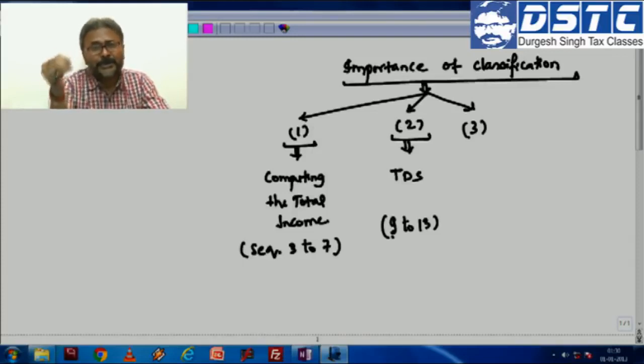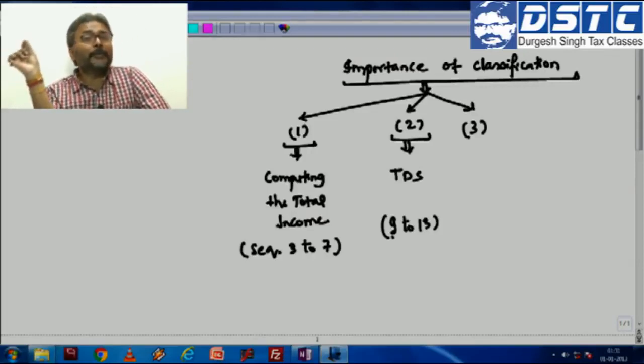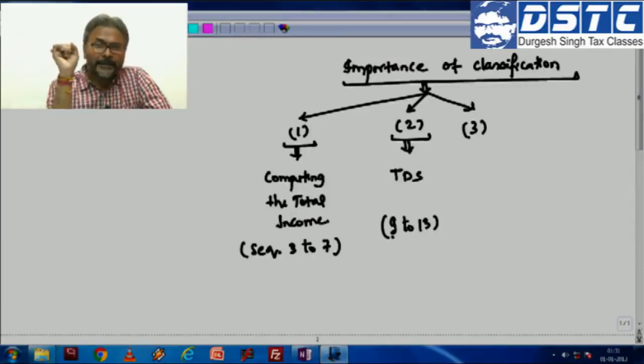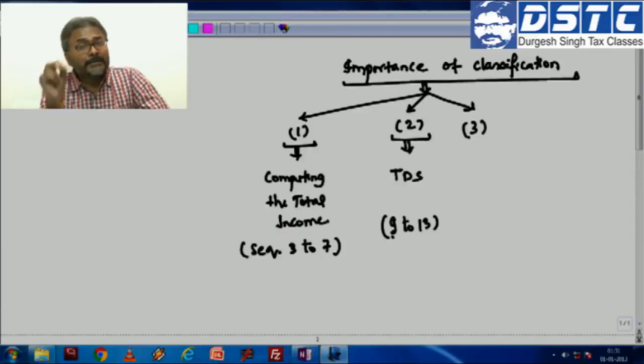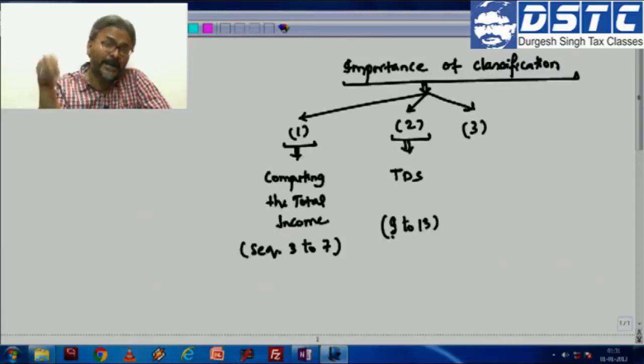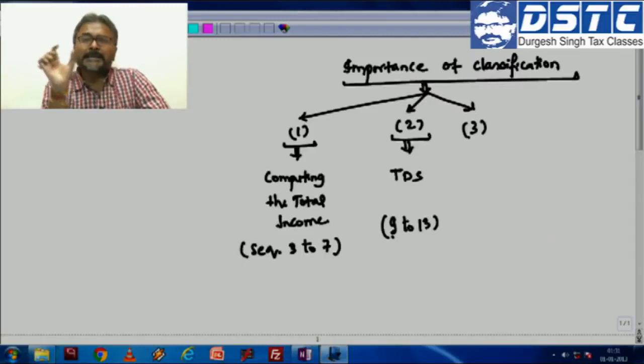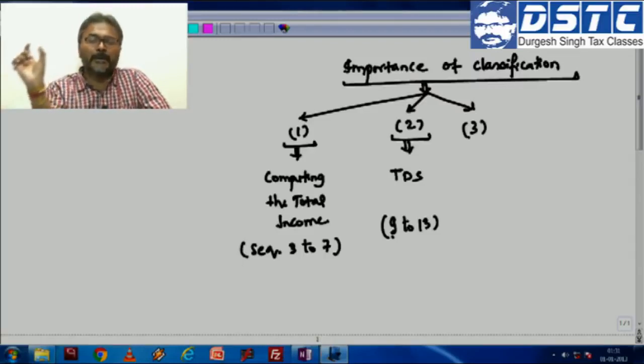Like for example, section 9(1)(ii) speaks about when the salary income of a non-resident will be deemed to have accrued or arisen in India. 9(1)(v), when the interest income of the non-resident will be deemed to have accrued or arisen in India. 9(1)(vi) is in respect of royalty. 9(1)(vii) is in respect of fees for technical service. When will these incomes be deemed to have accrued or arisen in India?